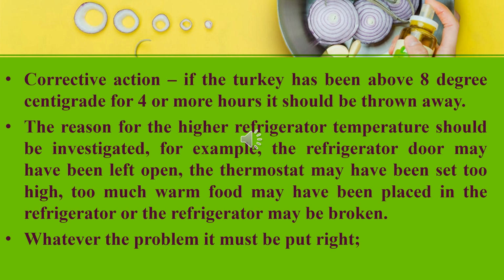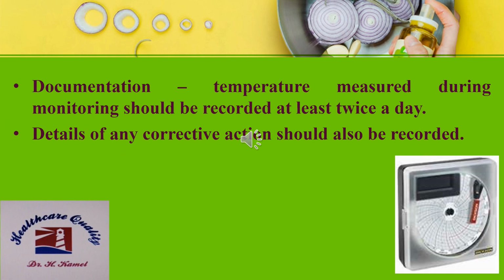Too much warm food may have been placed in the refrigerator, or the refrigerator may be broken. Whatever the problem, it must be put right. Documentation. Temperature measured during monitoring should be recorded at least twice a day. Details of any corrective action should also be recorded.